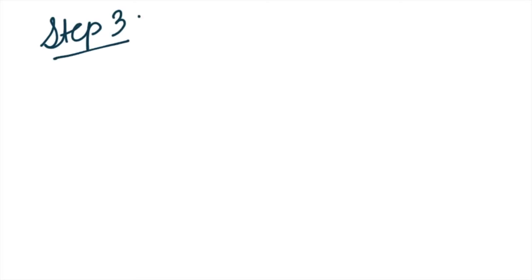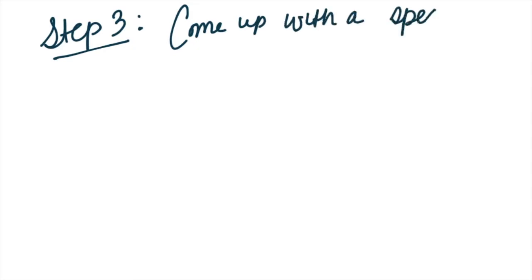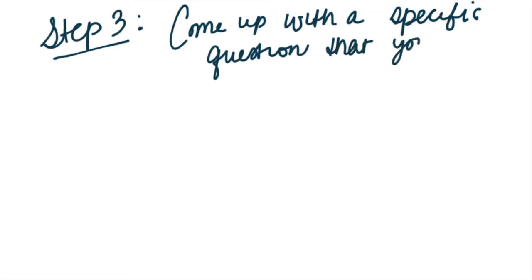This takes us to our next step, which involves coming up with a research question. This research question should be as specific as you can make it. Now, you're not going to come up with a research question that gives you a yes or no answer.